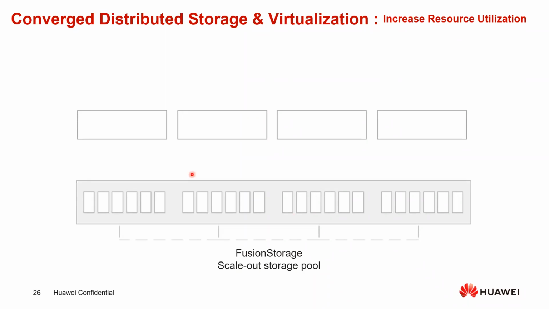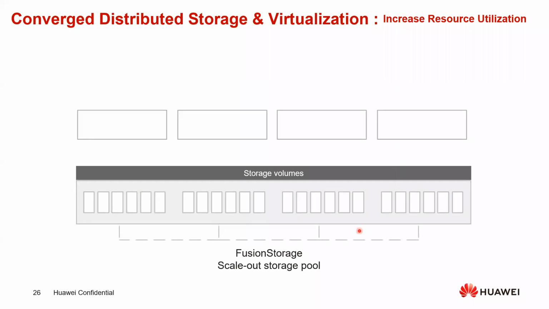In this scenario, if you have the 4-node system, you can see here all the disks making your storage pool or storage volume, and then the volumes can be assigned to the nodes in the virtualization layer. So all nodes have local disks, for example, this is a local disk for this node, this is a local disk for this node, and all these disks are actually synchronizing the data.